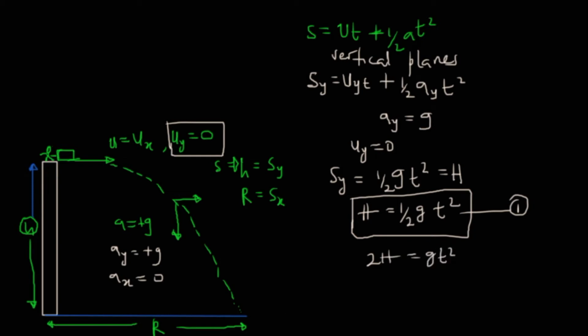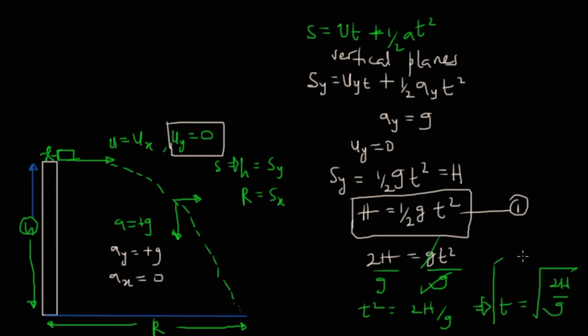Then divide both sides by g so that we make t the subject of the formula. As a result, t squared becomes 2h upon g, so that t is equal to the root of 2h upon g. So this is the time taken for the ball to reach the ground.